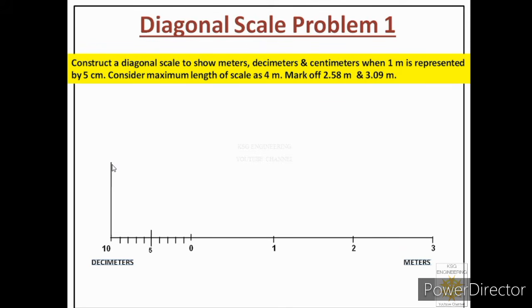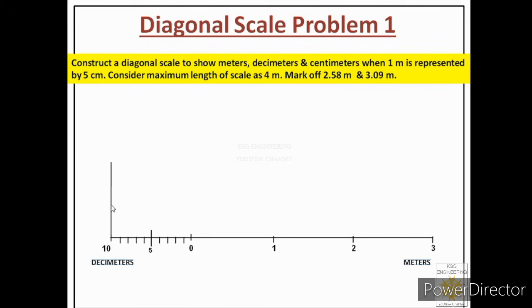Keep this in your mind: when you are constructing a diagonal scale and drawing the third scale, the length of the third scale will depend upon the length taken by us for each part, and that is your choice. For this particular question, I am considering the length of one part as 0.5 centimeter.